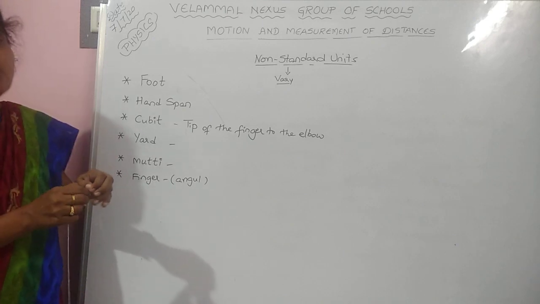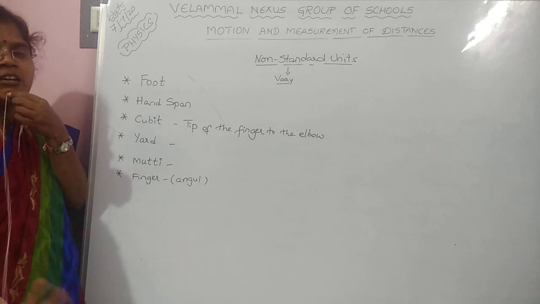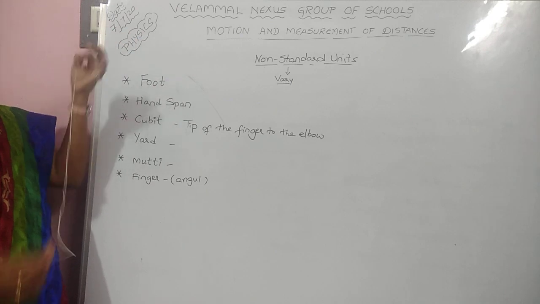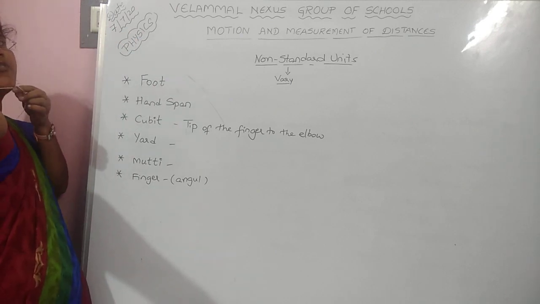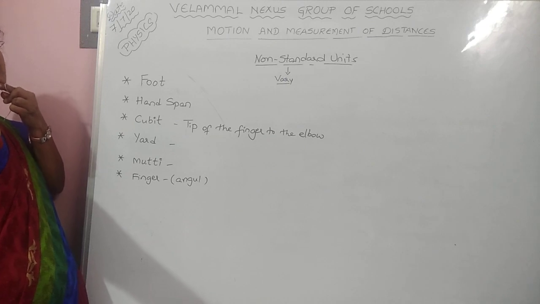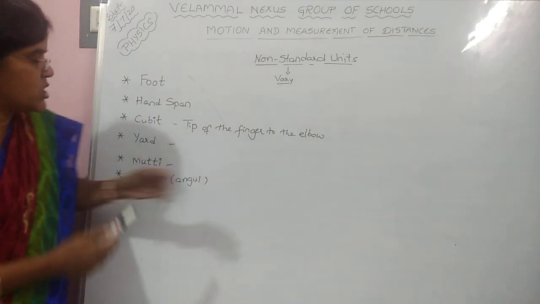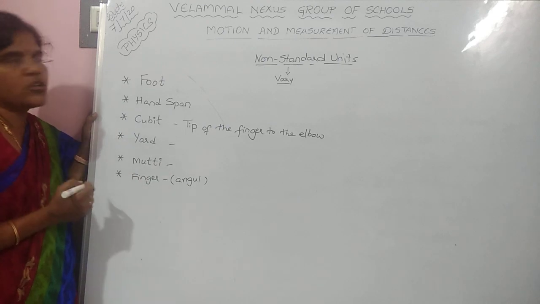Once again, I will say, it is nothing but the distance from the chin to the outstretched arm of the finger. Till the last finger it should touch. Tip of the finger to the chin. This is called yard. Once upon a time, in the previous days, King Henry used to use this. Generally, yard is used to measure the length of cloth.